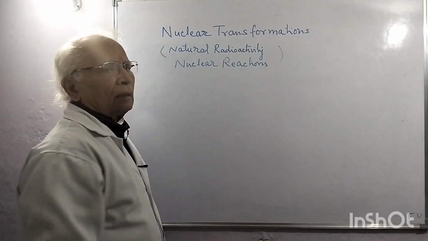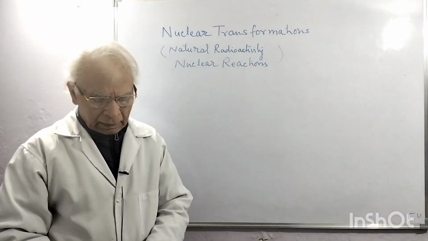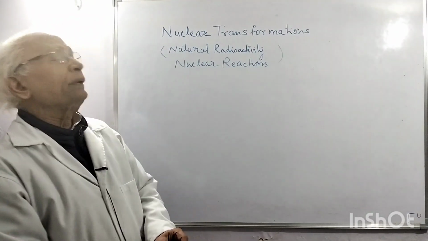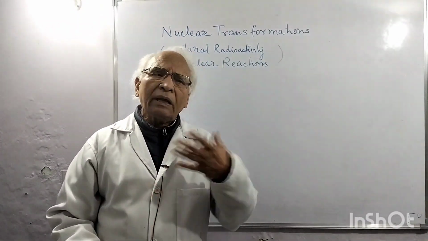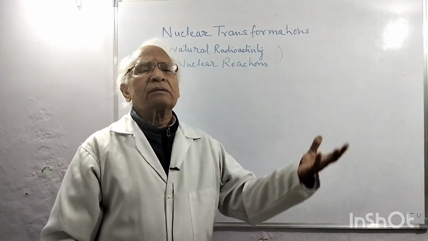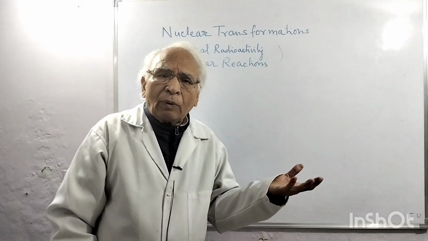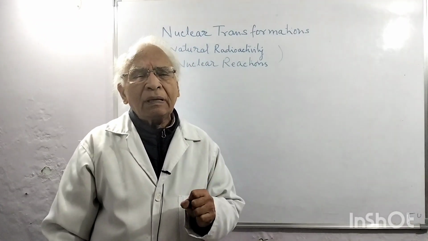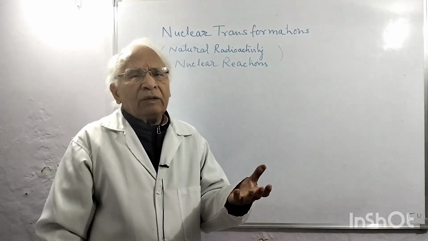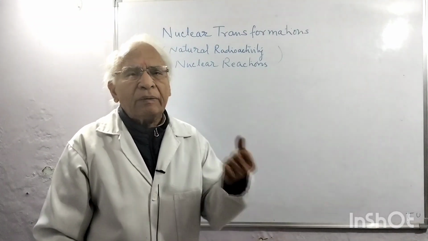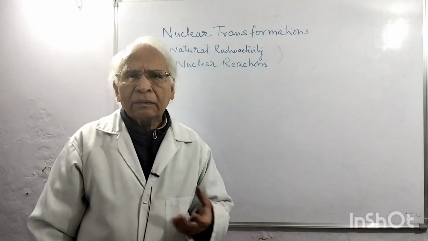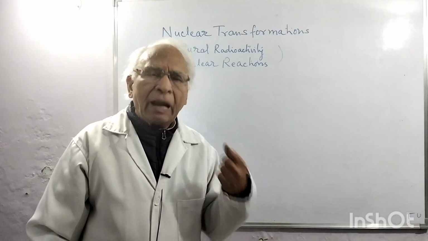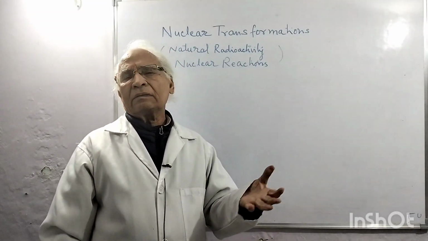A nuclear transformation means we are changing one system into another system. By natural process, in nature it is happening, or we can do it by using some projectiles, some beams, some ions, some heavy ions, some accelerated particles.